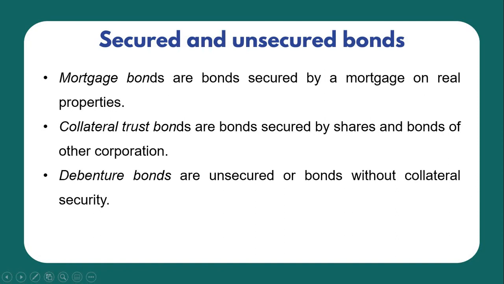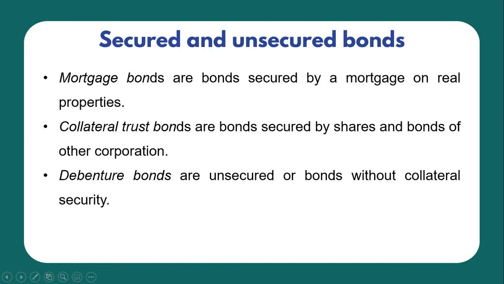This is also a secured bond wherein the items being secured are the shares and bonds of other corporations, meaning mga investments. Okay? Investments ni issuing entity from the other corporation. So, katong mga naa sa investment in bonds or investment in equity securities.